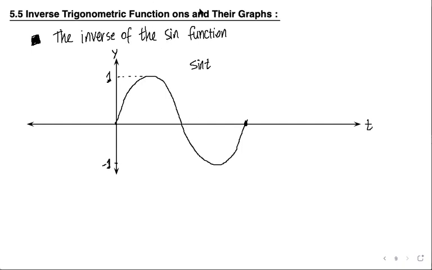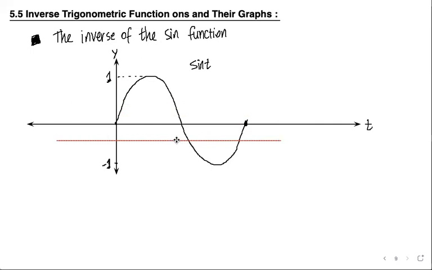Because it fails the horizontal line test. That's true, William, thank you. This is the horizontal line. It crosses the curve at 2 points, this point and this point. So it does not pass the horizontal line test. And also down here, at this point and this point.